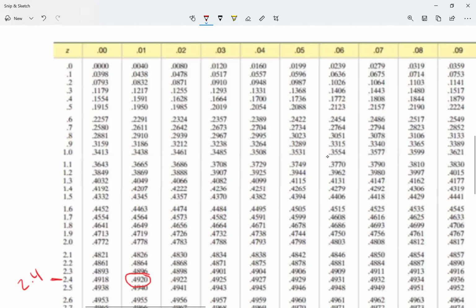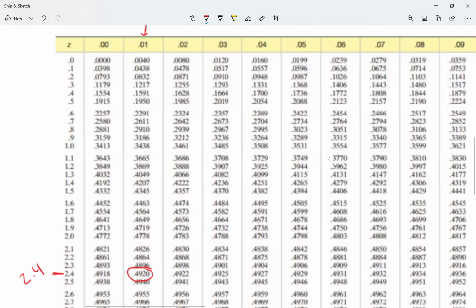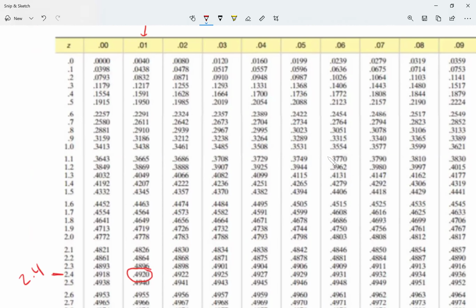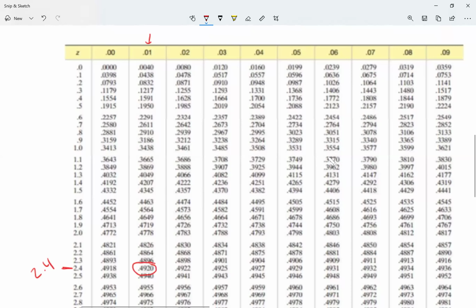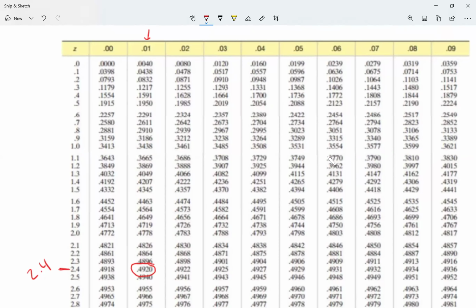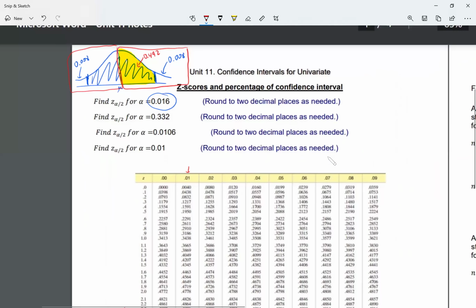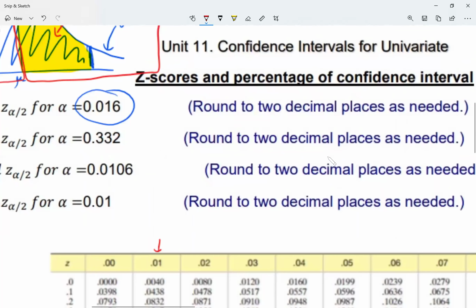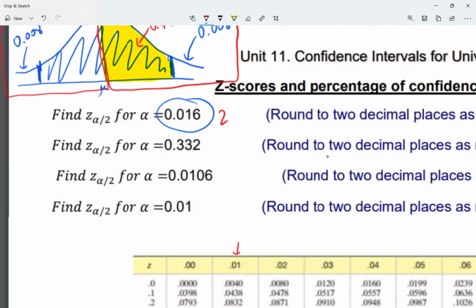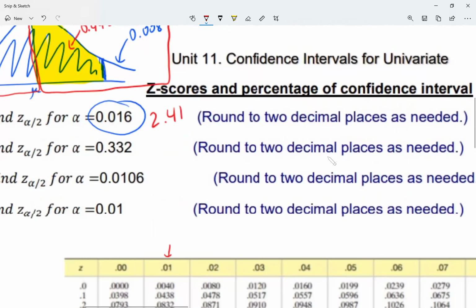Here on the top is 0.01. But at this point, you should be very confident how to read this. So I'm going to say my C-score is 2.41. So my answer for this first question is going to be 2.41. It says round to 2 decimal places as needed, so that's fine.